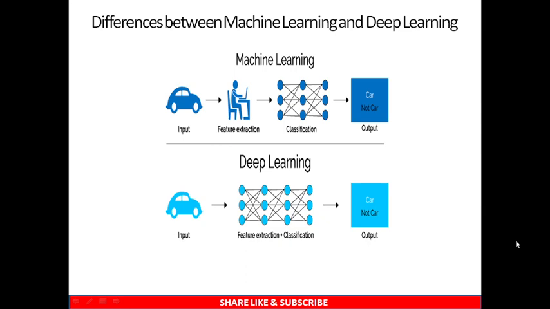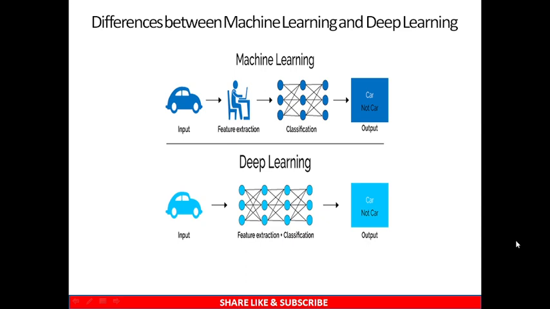We need to extract all the features and give them to the system with the correct algorithms and the processing data, to make a classification algorithm. With the help of the classification algorithm, finally the output would be whether it is a car or not, based upon the input, the process, and the feature extraction.